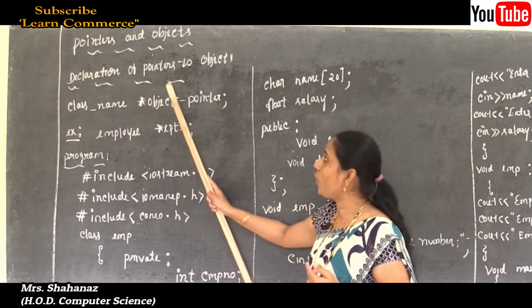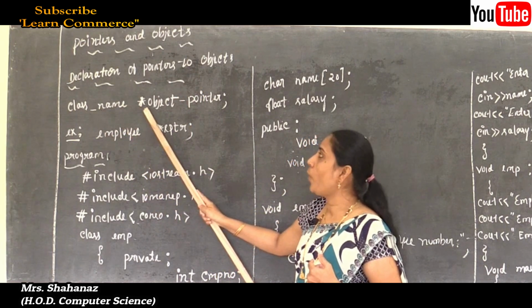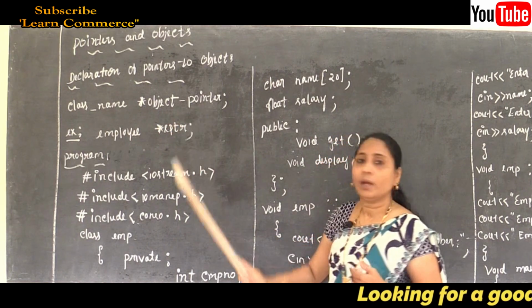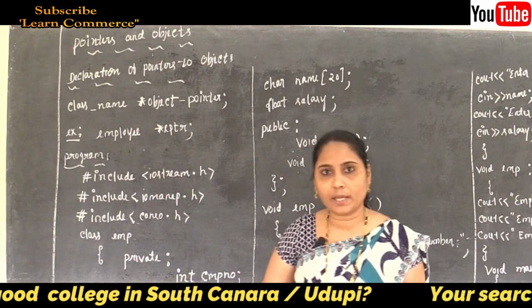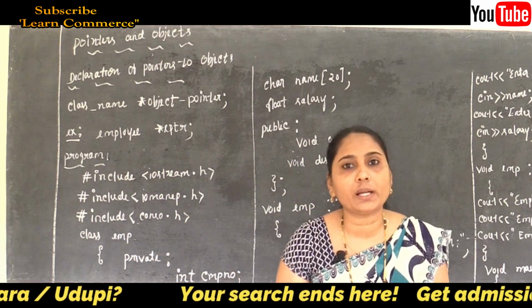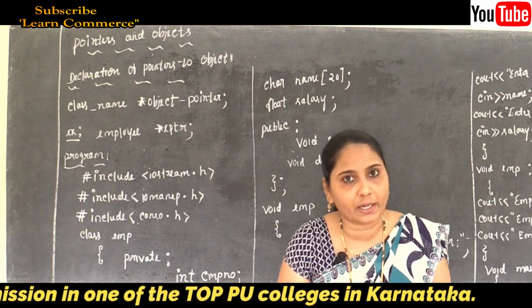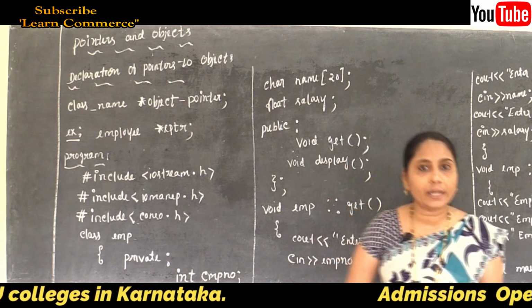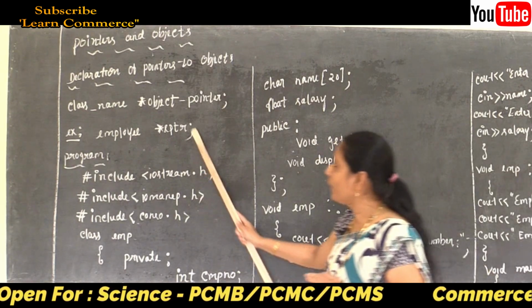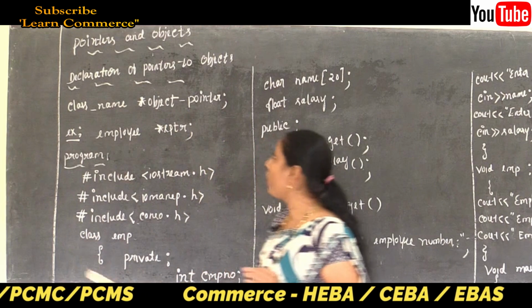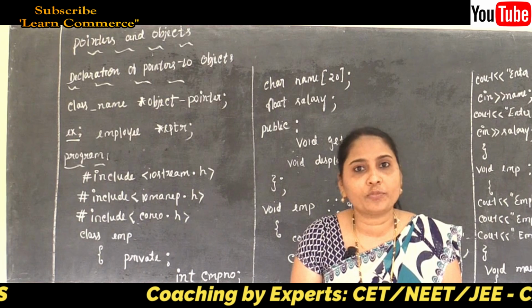The declaration of pointers to objects: class_name *object-pointer; Clear this point? Class name is the name of the already defined class, and it is added in our class name. The second thing, object-pointer, means a pointer to an object of this class type.